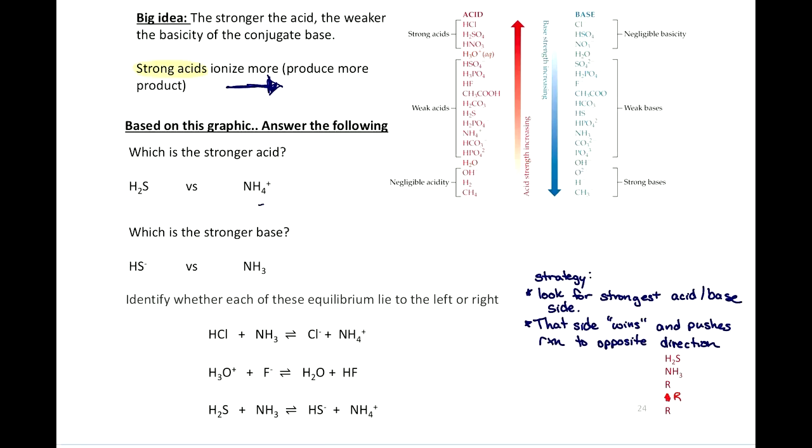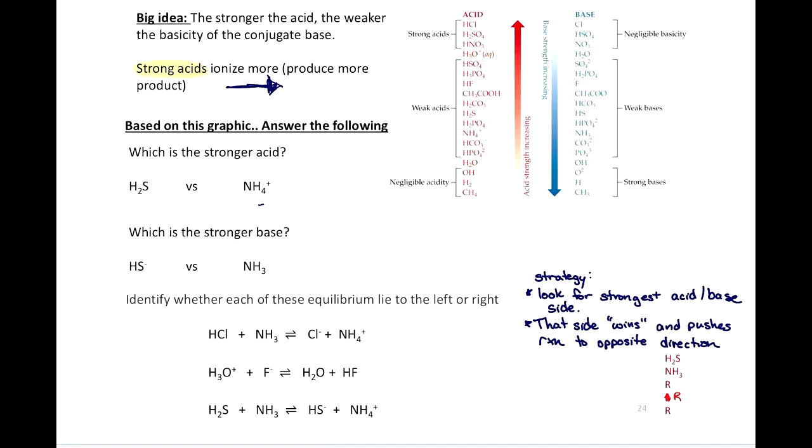So when trying to answer this question, I like to look for the strongest acid and strongest base. They will appear on one side of the reaction. And recognize that the strong things always push to the other side. So if you locate the strong acid-base pair, know that the equilibrium will lie on the opposite side because strong things always push to the other side.